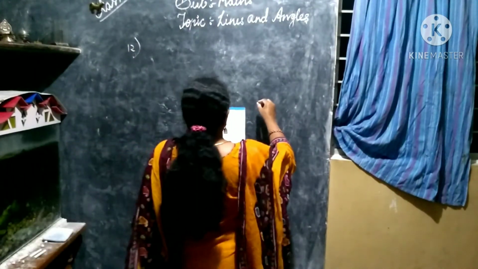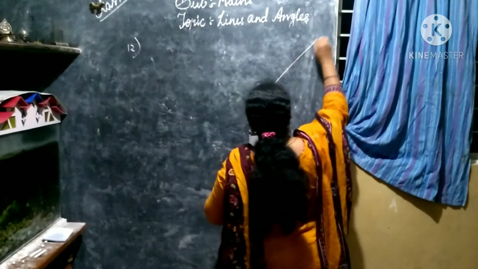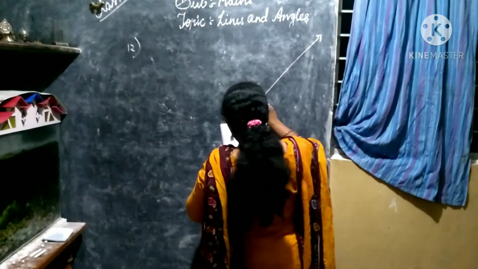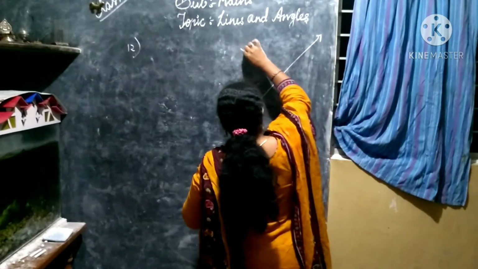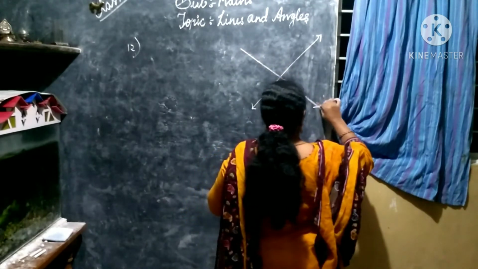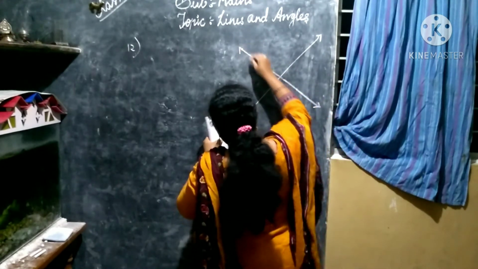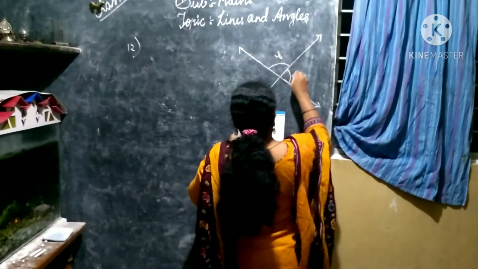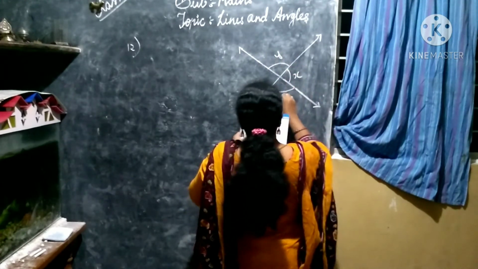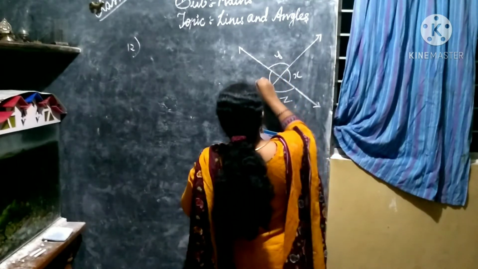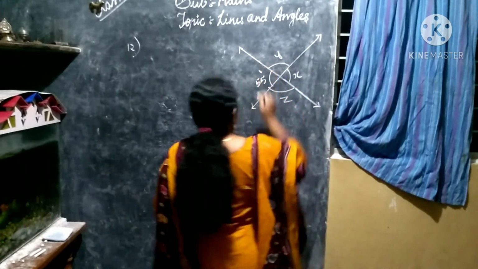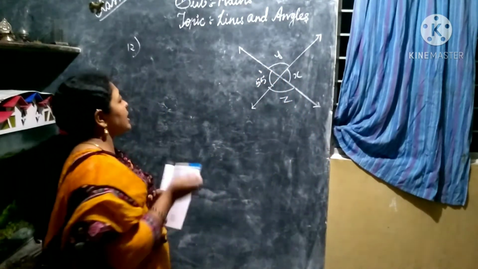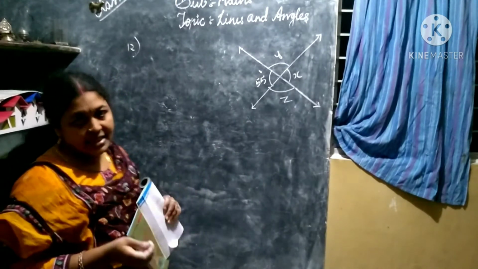Here a figure is given with y, x, z and 55. So in this figure we have to find out what is x, y and z.